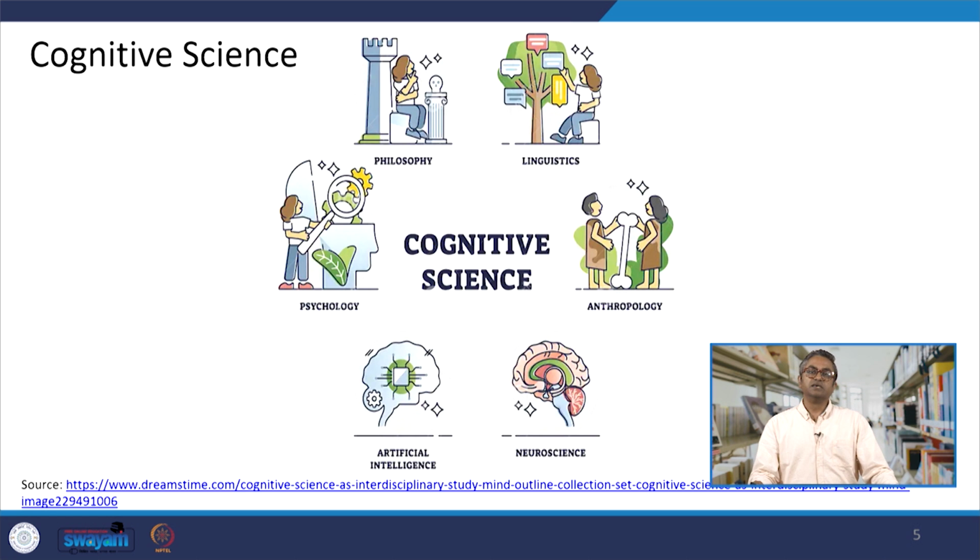Along with that, what is happening when people think of a word like apple and a word like shoe? Which part of the brain is responsible for the production of these two words? Which part of the brain is responsible for distinguishing the visual representation of these two words, apple and shoe?